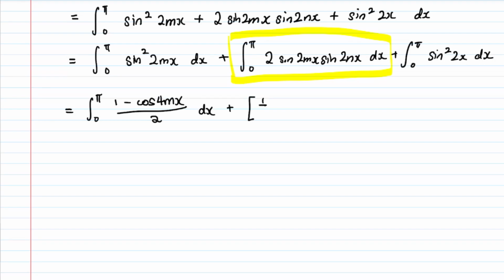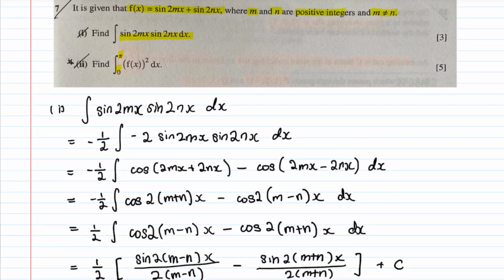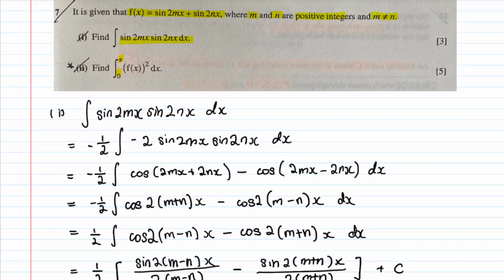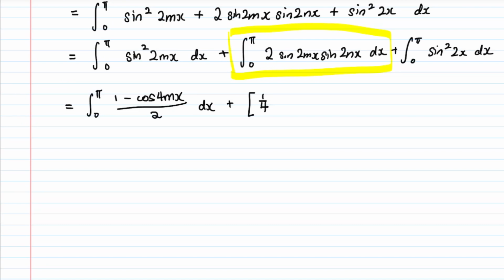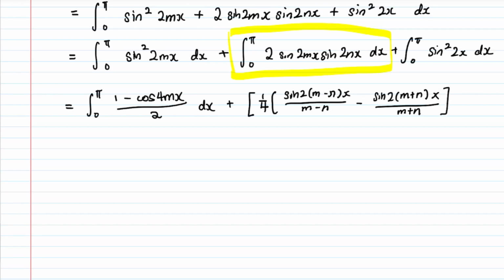So you get plus 1/4, then sine 2(m minus n)x over m minus n minus sine 2(m plus n)x over m plus n, and then this whole thing is from pi to 0.